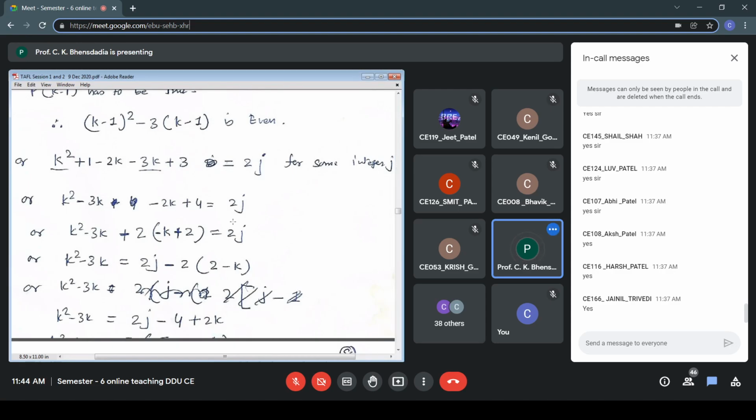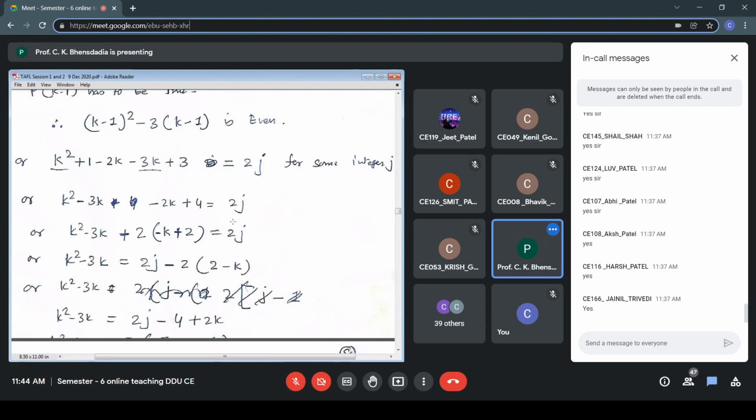So k square minus 3k is 2 multiplied by (j minus 2 plus k). So we are getting a multiple of 2, which means k square minus 3k is an even number. That is, k square minus 3k is 2 into L, where L equal to j minus 2 plus k, and L belongs to Z.